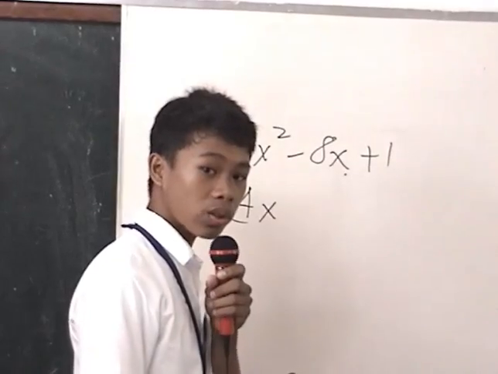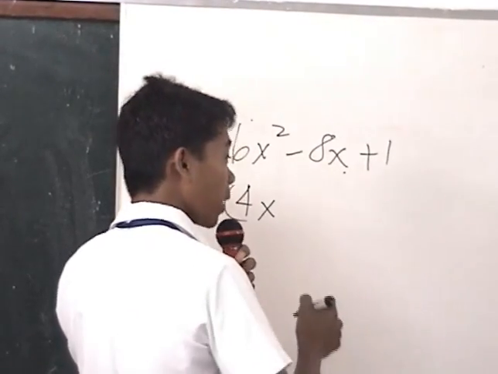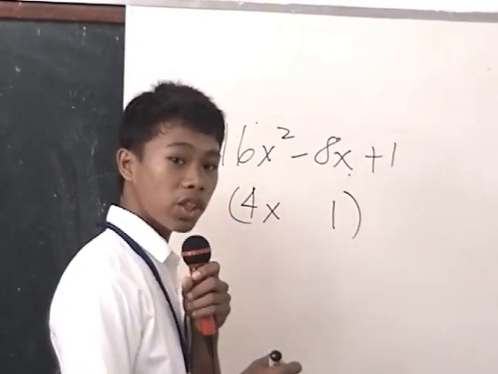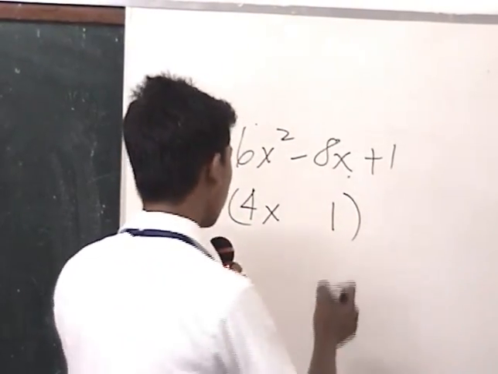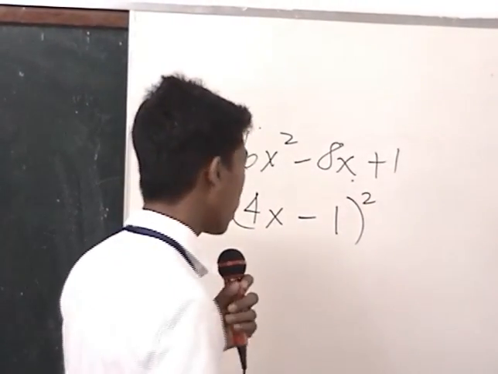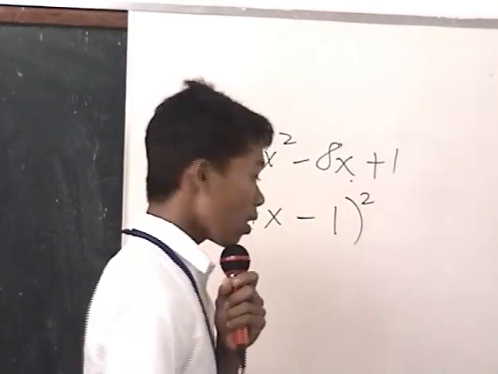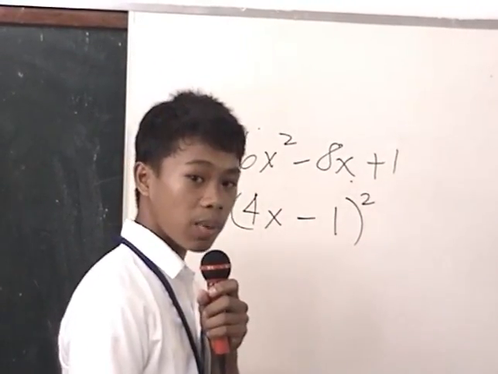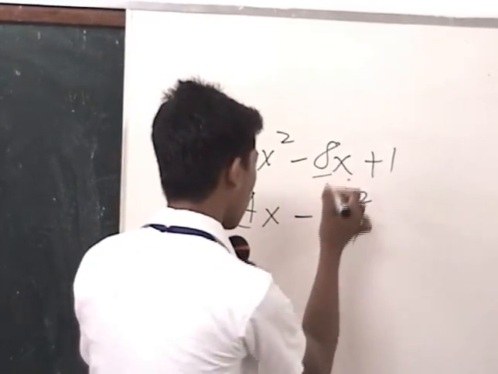Then, find the square root of the last term, which is positive 1. But the sign of the middle term is negative, so we put negative. Then squared, meaning it is a binomial. To check if the answer is correct, multiply 4x by 1 times 2, which is negative 8, equal to the middle term, negative 8x.